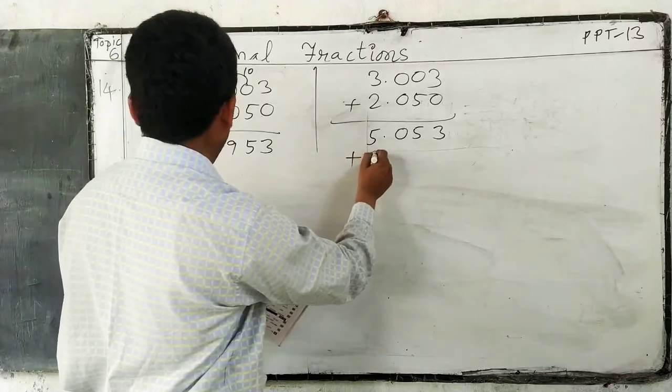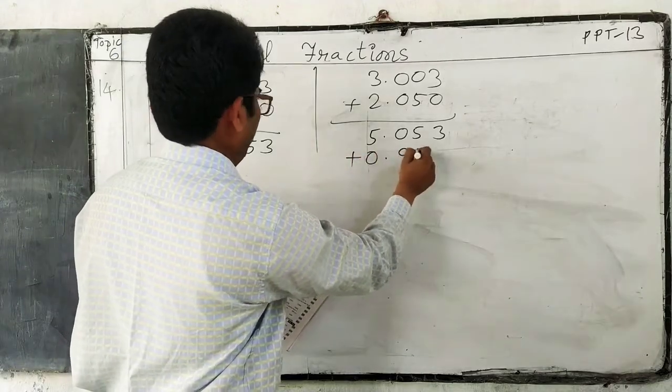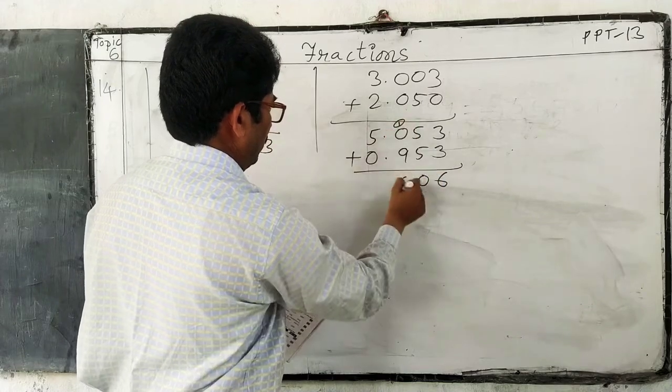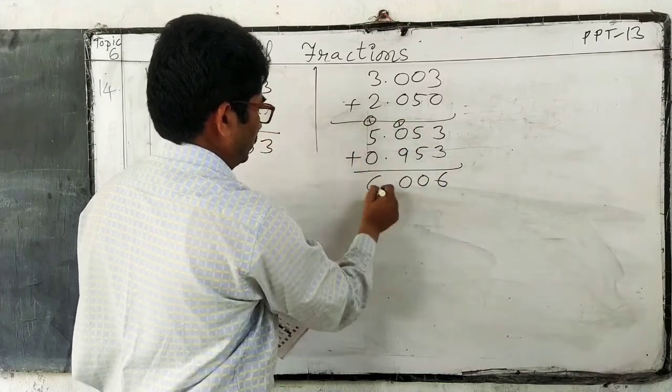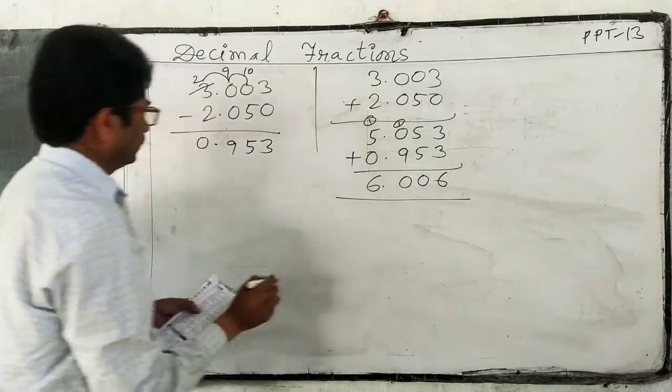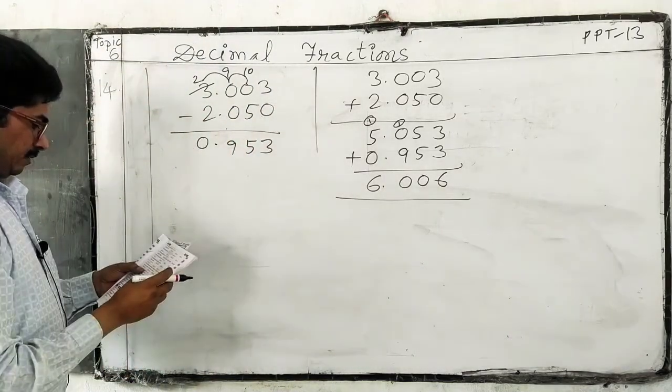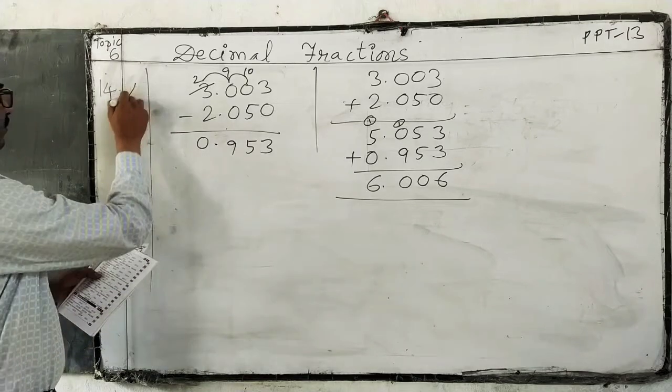We have to add these, and we get 6.006. Option 4.